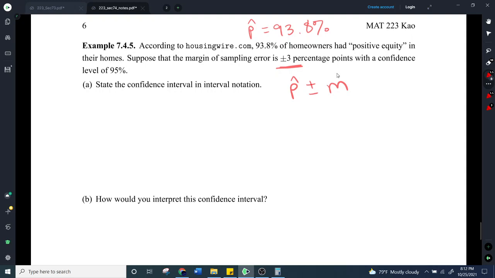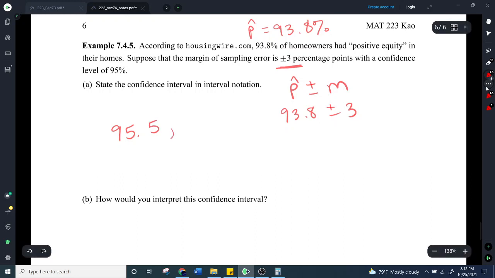So to get my confidence interval, I'm going to do 93.8% plus or minus the margin of error of 3%. So 93.8% minus 3% would give me a lower bound of... wait a second, I'm sorry.